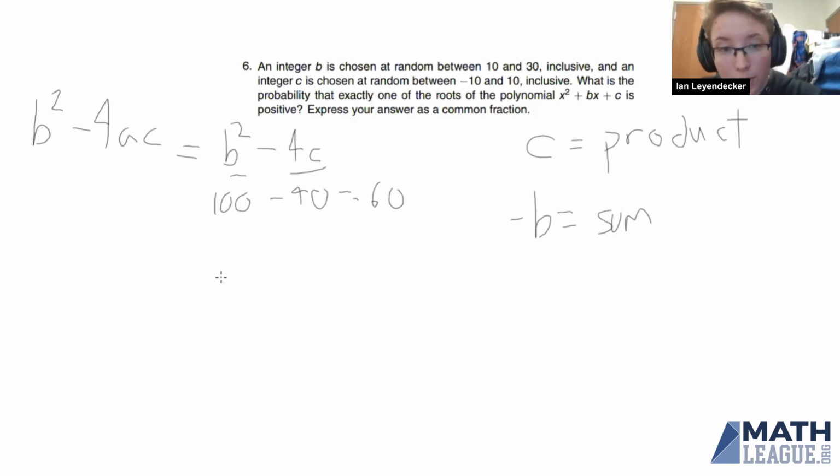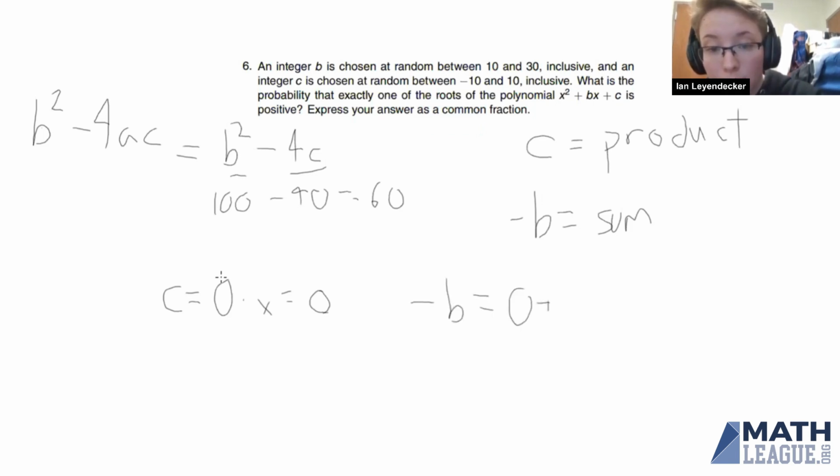If one of the roots is 0, then c is going to be equal to 0 times some other number. So c is going to have to be equal to 0. And since we know that the other root is positive, that means negative b equals 0 plus x, which is going to be a positive value.